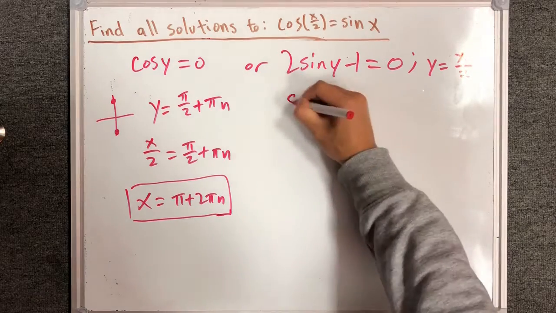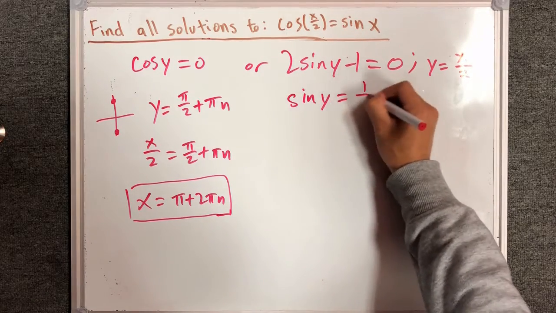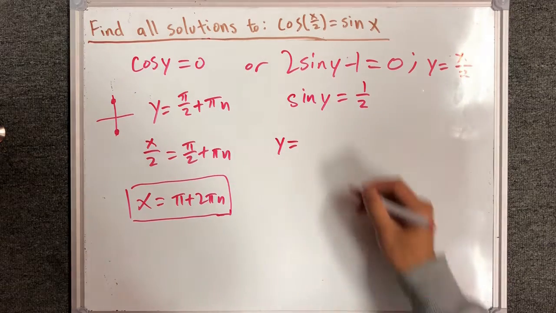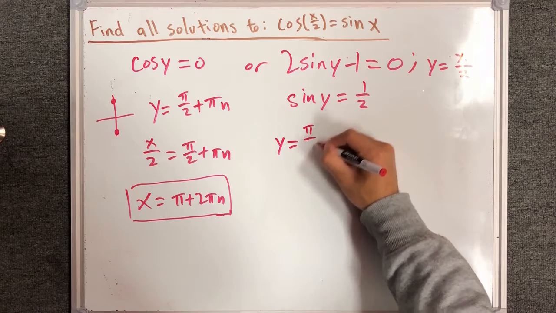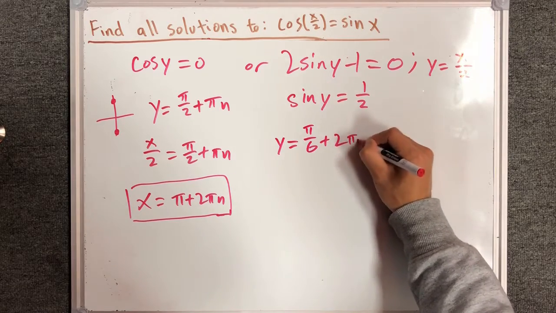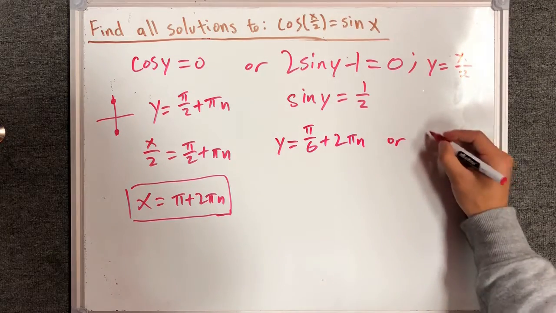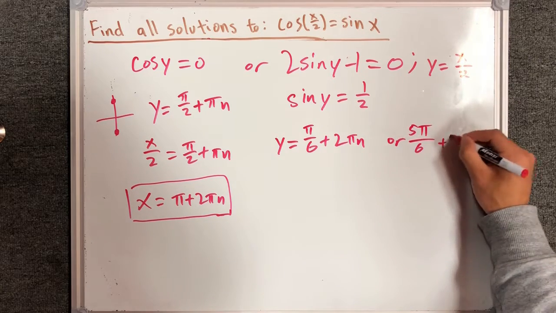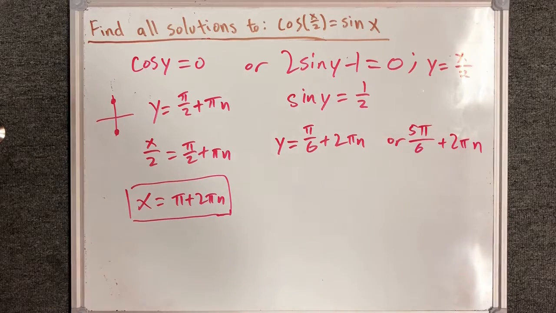Solving this equation, I get that sine of y is equal to 1/2. So we know that y must either be pi over 6 plus 2 pi n or 5 pi over 6 plus 2 pi n. Again, I'm interested in x over 2, so I will double each of these solutions.